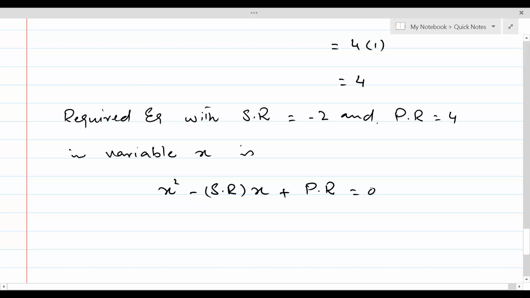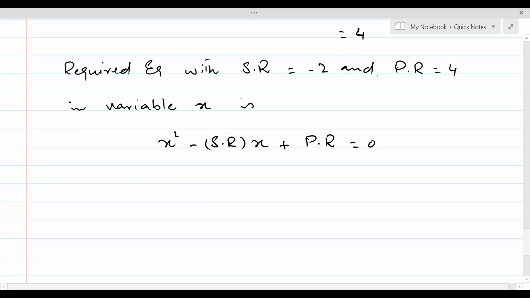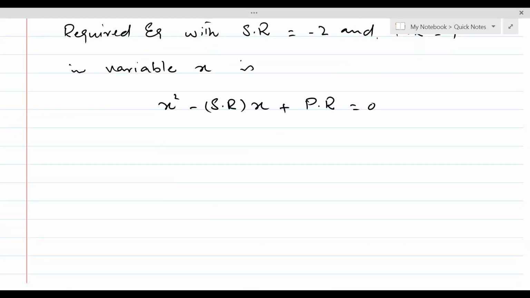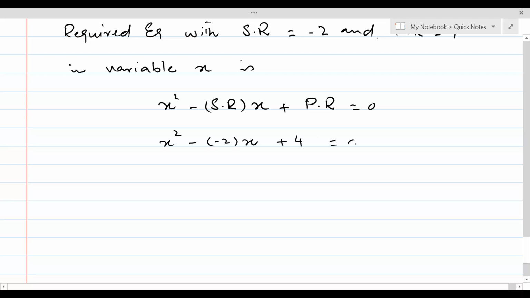That's a formula for finding the equation whose sum of roots is known and whose product of roots is known. So if we apply this formula, then x square minus (-2) times x plus 4 equal to 0. This means x square plus 2x plus 4 is equal to 0 is the required equation for which the two roots are 2 omega and 2 omega square.